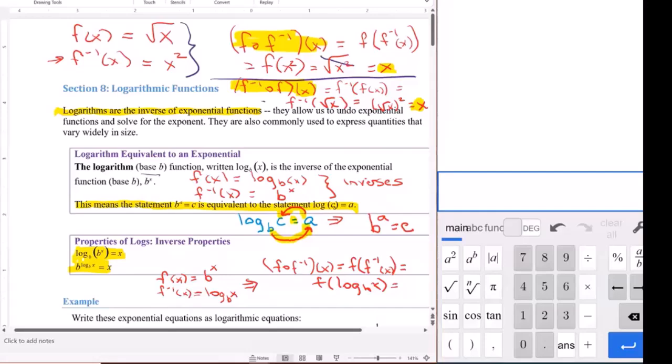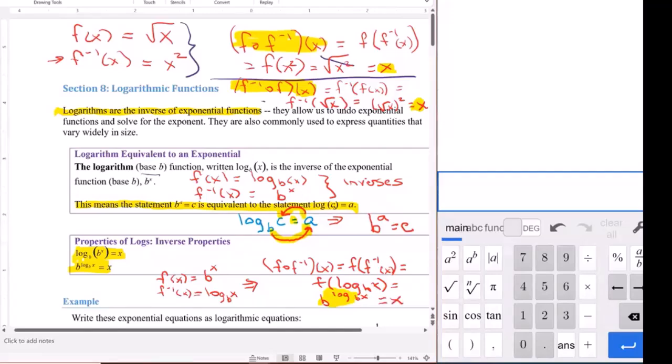And then I plug that into my function, which is b to the power of log base b of x. And if they're inverses, these cancel, and I'm left with x.